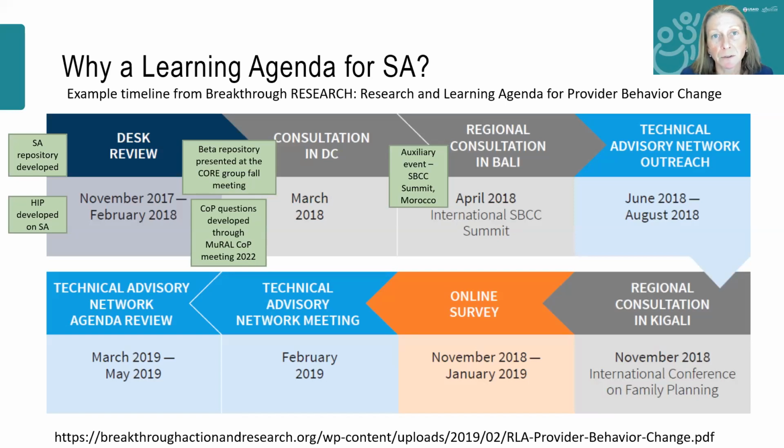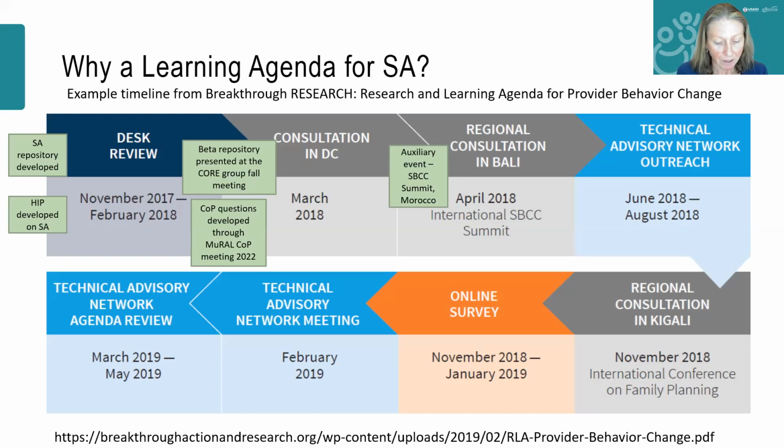So we consulted Breakthrough Research and Laura Reichenbach, the director of Breakthrough Research, and Sanyukta Mathur, who also led this process and finalization of these two learning agendas, to understand the methodology throughout the entire year process that brought them to the final research and learning agendas.